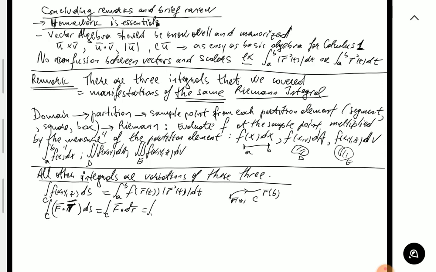And then again, this is essentially another single variable integral when you evaluate the vector field over the curve, and then dot the answer with r prime of t dt.